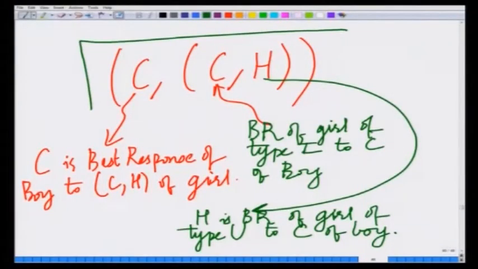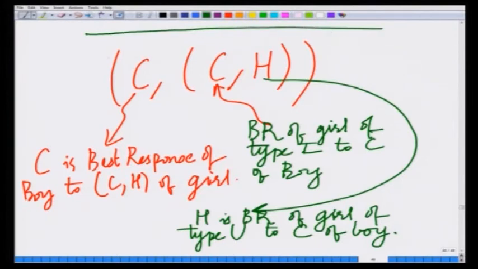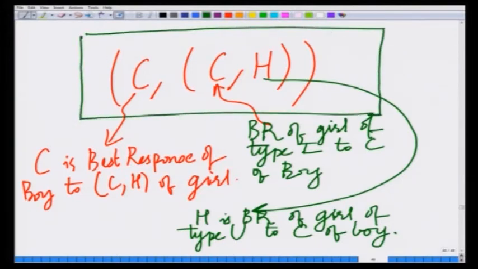So, this is a Bayesian Nash equilibrium in which each player of each type is playing his or her best response. This is interesting because now we have considered a game with uncertainty in the payoffs, where the boy does not know the exact nature of his opponent.